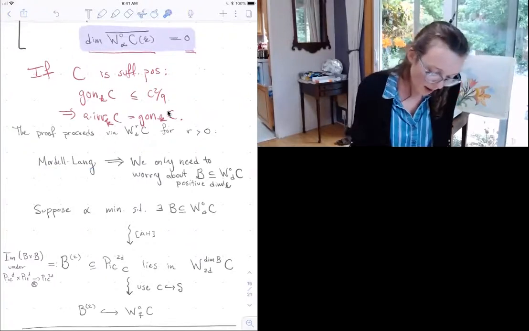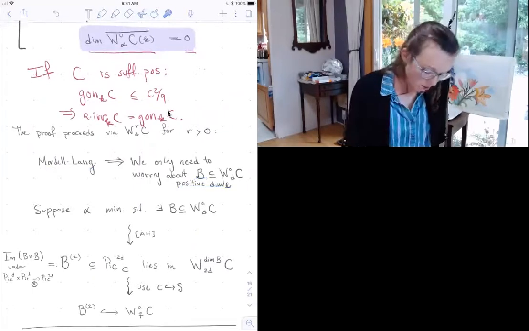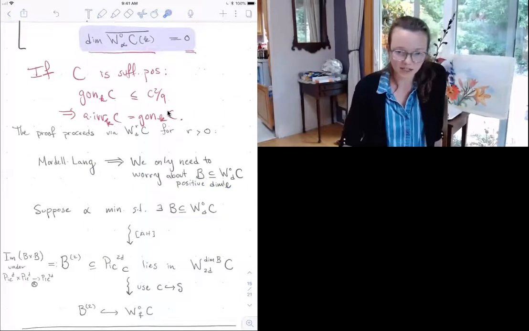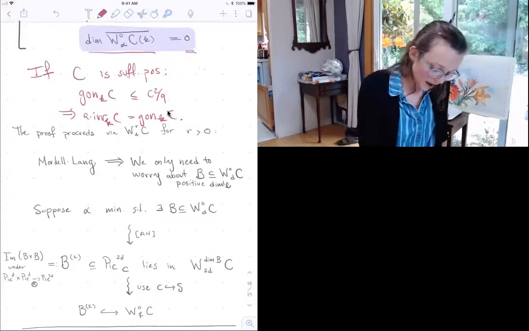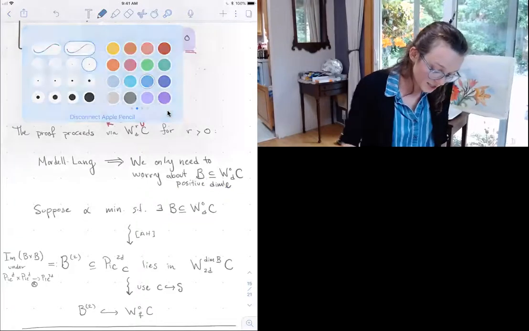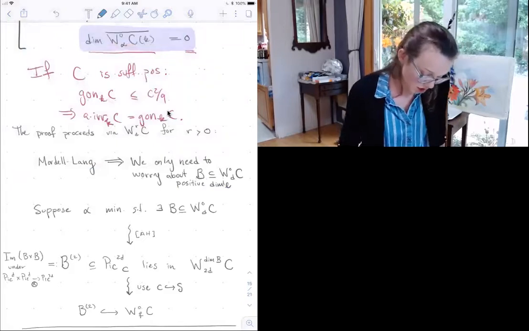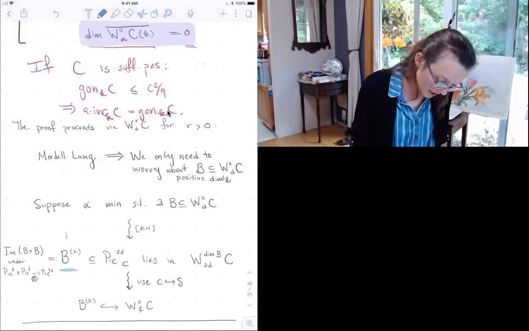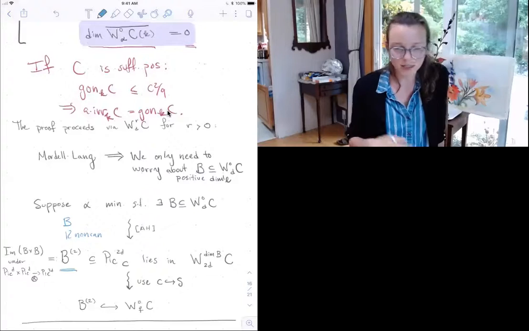we have to worry about are positive dimensional abelian translates inside of W^0_d of the curve. So suppose that alpha is the smallest integer such that there exists one of these positive dimensional abelian translates inside of W^0_d of the curve. Then by some work of Abramovich and Harris, you can use the geometry of these W^0_d in relation to the Picard scheme to show that this other abelian variety, B2, which is non-canonically isomorphic to B, it's simply the image of B cross B under the tensor product map from Pic^d cross Pic^d to Pic^{2d}.